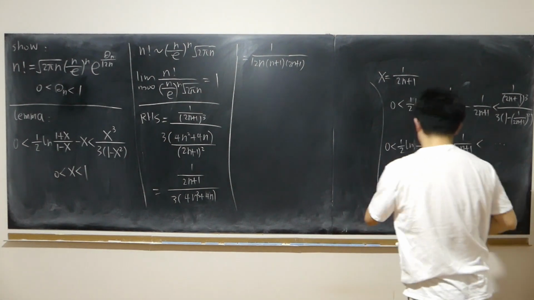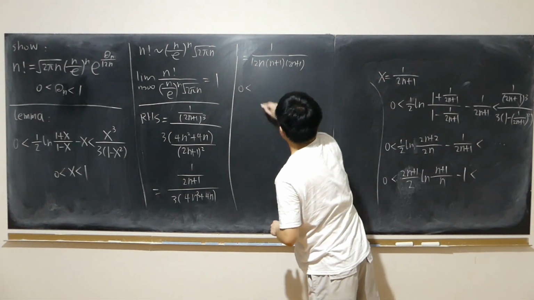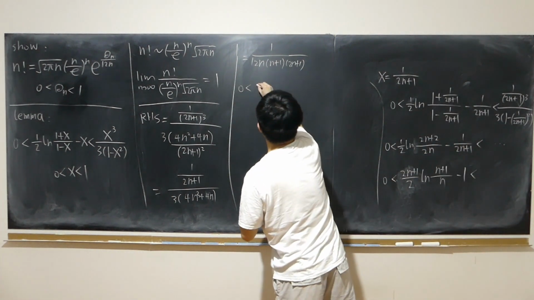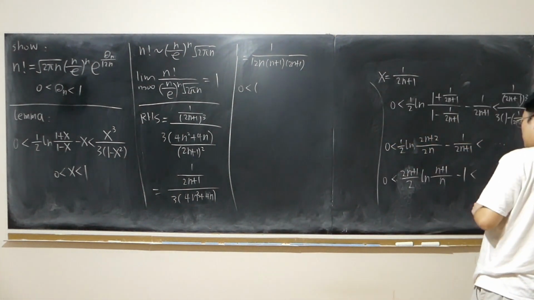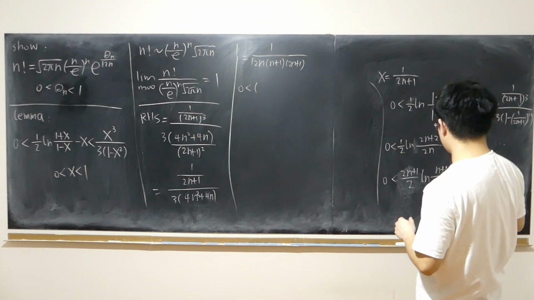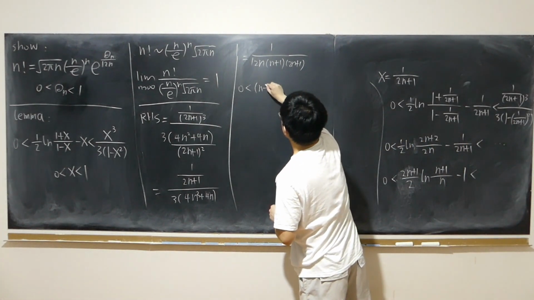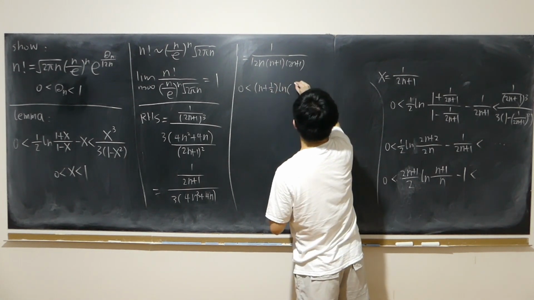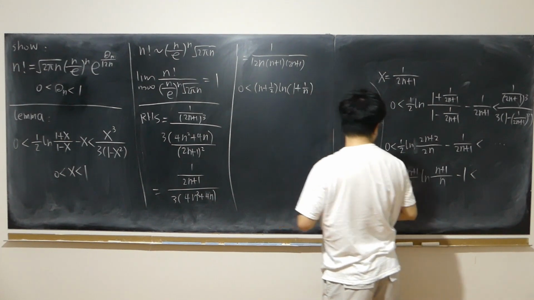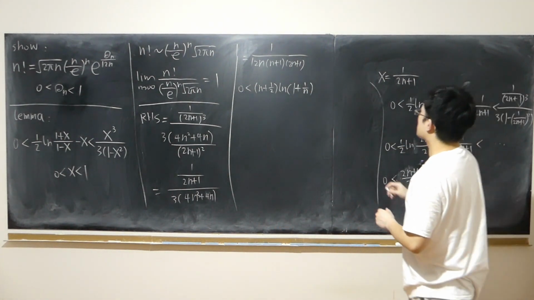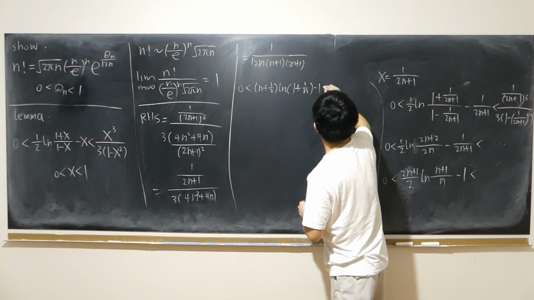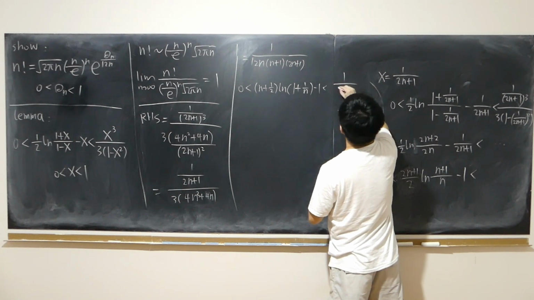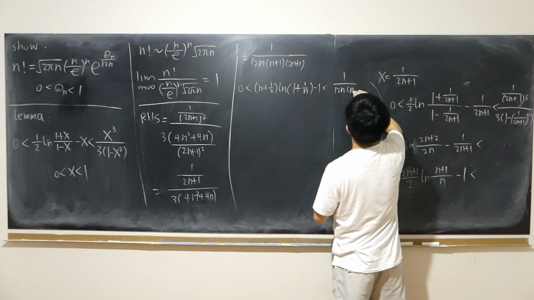So in the end, I have 0 is less than n plus half times log of 1 plus 1 over n, minus 1, is less than 1 over 12n times n plus 1.